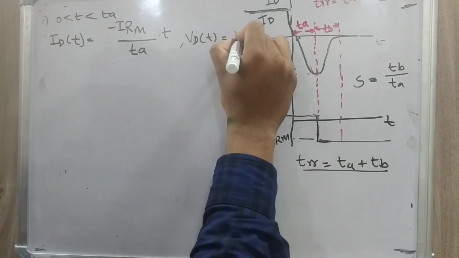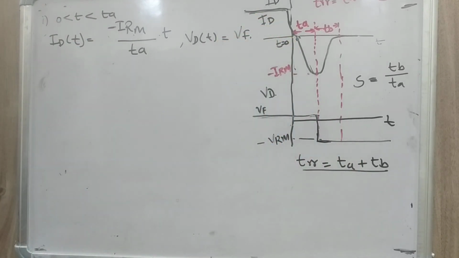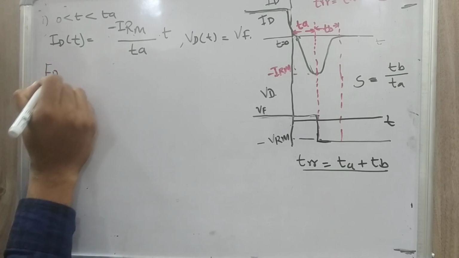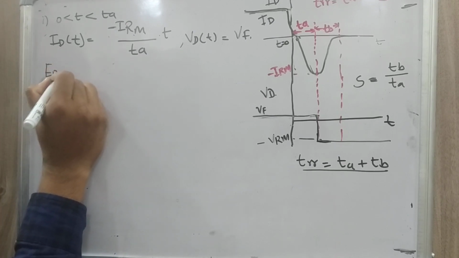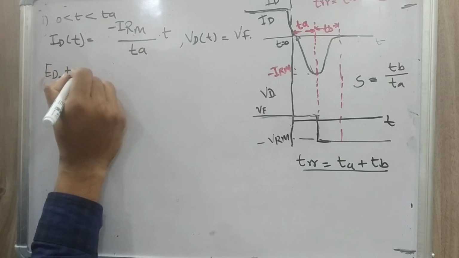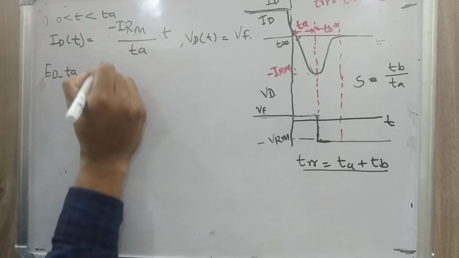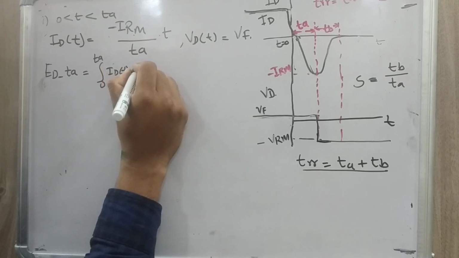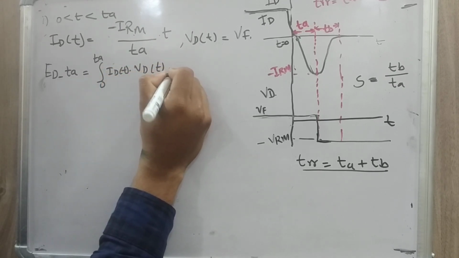VD of t, which is the diode voltage for this duration, is constant at VF. Now if we analyze the energy lost during this time, ED_TA is the integration from 0 to TA of ID of t into VD of t, right?